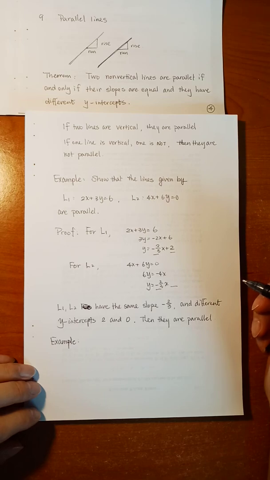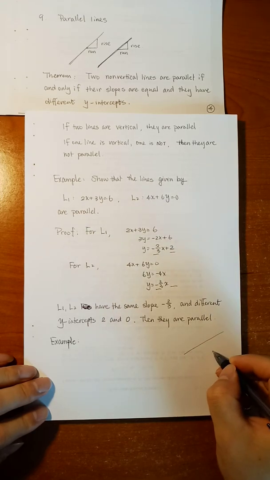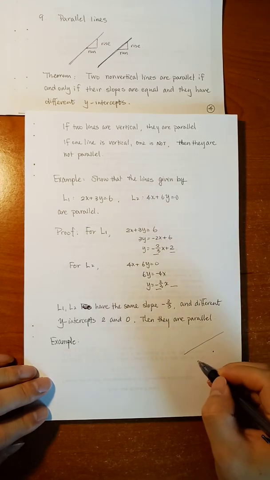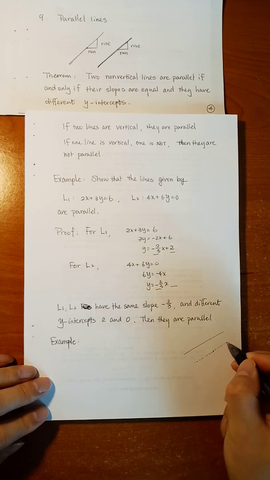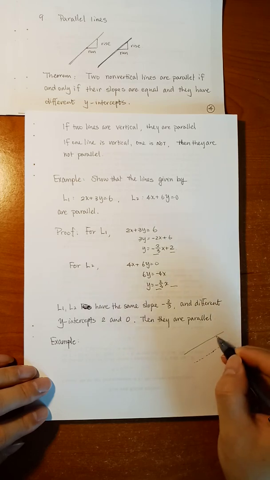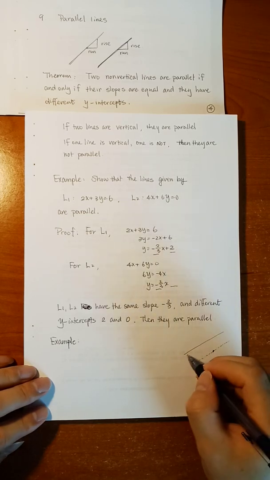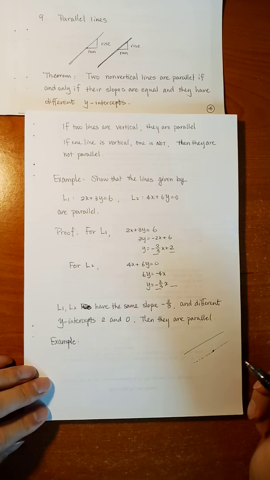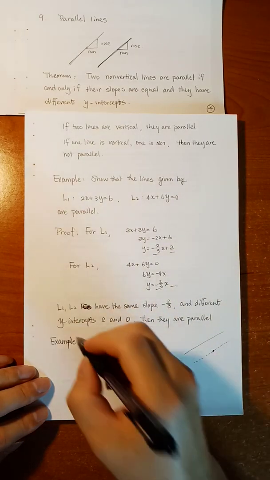And a common question is that I already know one line and a point outside this line, off the line. I want to write the equation of the line containing the given point but parallel to the given line. So this dotted line should be parallel to the given line. How do I determine it? Determine the equation of this dotted line.